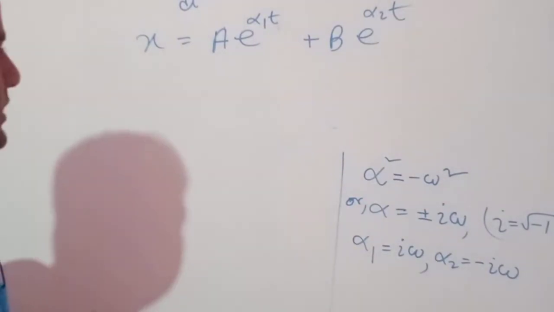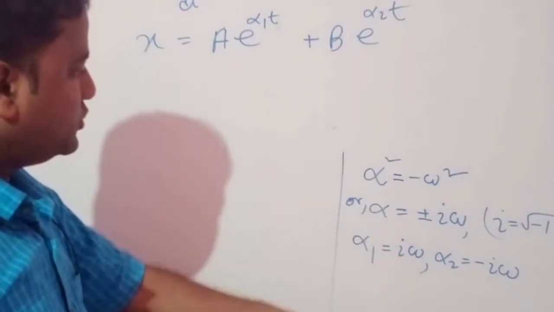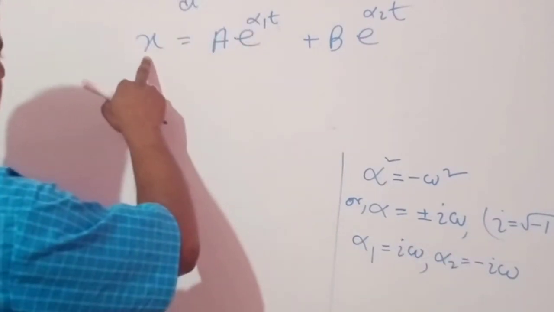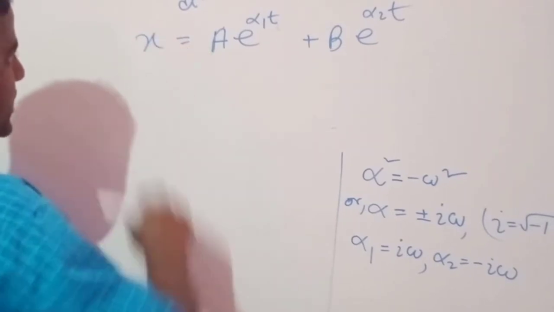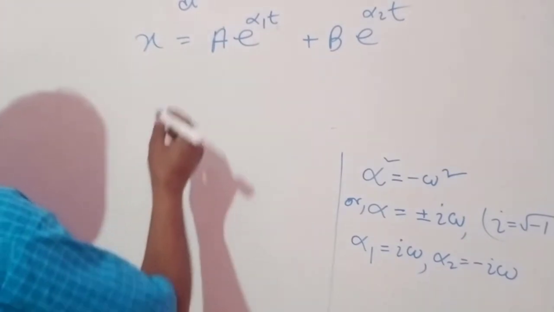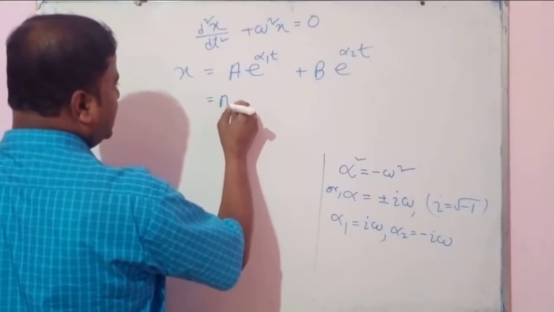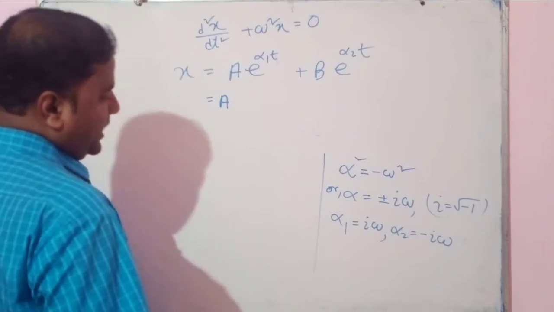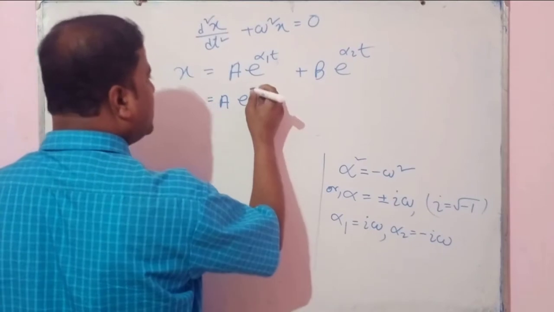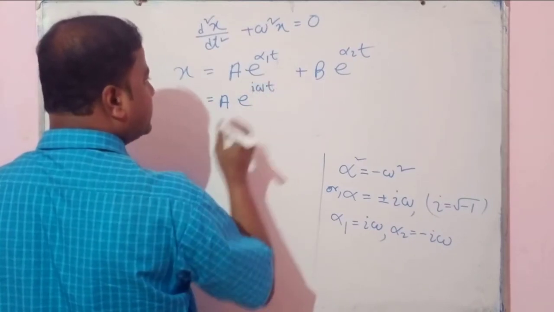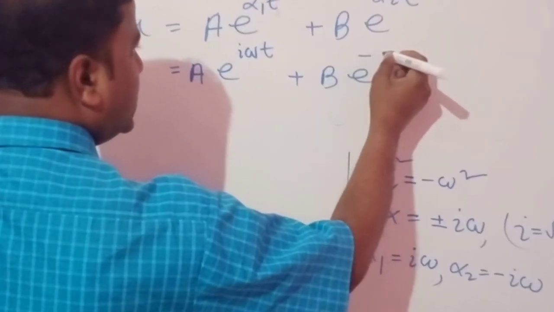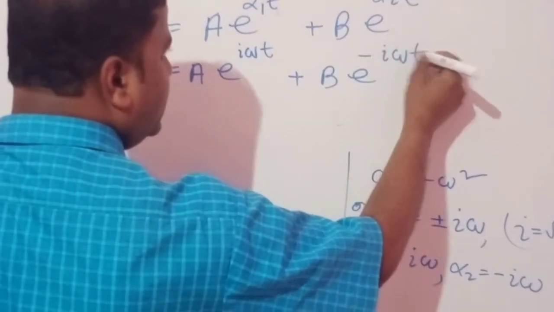This is the general solution if there are two values of the auxiliary equation, alpha 1 and alpha 2. Next we substitute the values of alpha 1 and alpha 2, and we get x equal to a into e to the power i omega t plus b into e to the power minus i omega t.